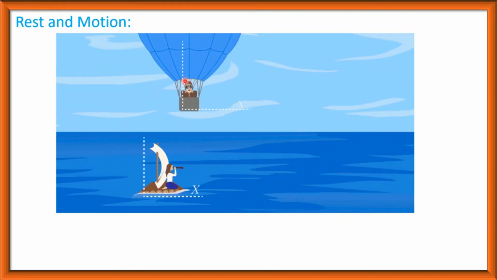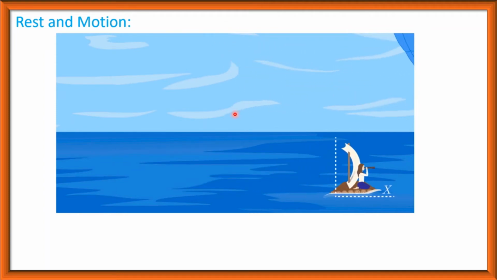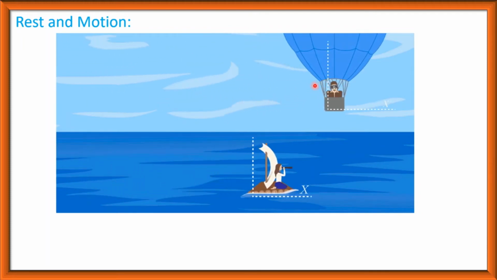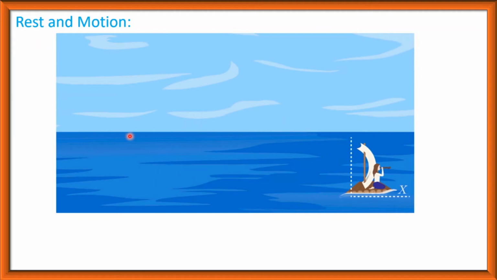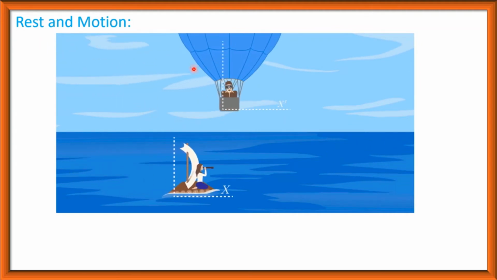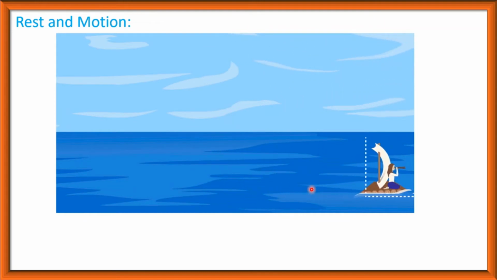and this parachute is also at rest with respect to the parachuter because the position is not changed with respect to the parachuter. So the parachute is at rest with respect to the parachuter, and it is also at rest with this reference frame which is in motion.